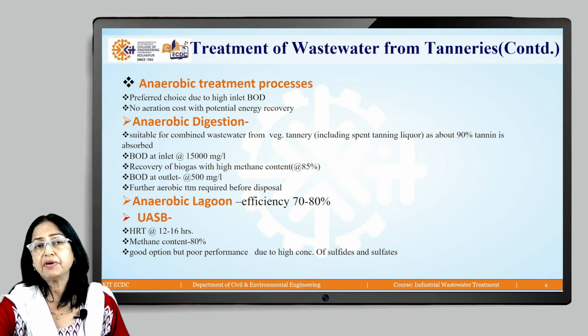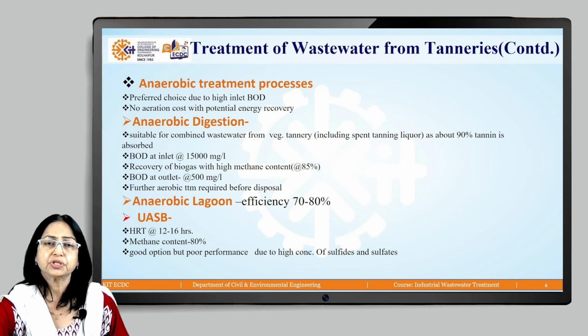Another advantage is that the biogas generated during this anaerobic digestion has a very high methane content, 85%. That means its calorific value is quite high. Another option is anaerobic lagoon, but no biogas recovery, 70 to 80% efficiency.